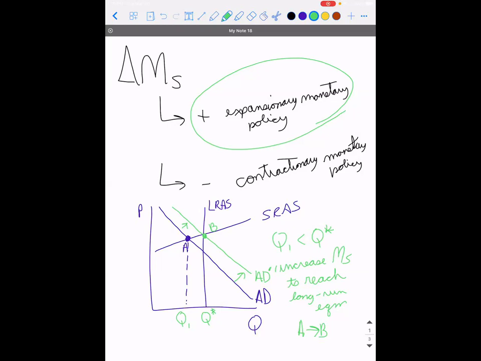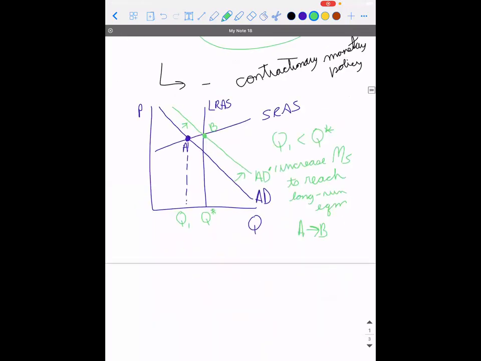Now, what this question is trying to get at is how much do I need to increase the money supply by? Basically, to go from AD to AD prime, that shifting of the aggregate demand curve, how much do I need to increase the money supply by to get that change?